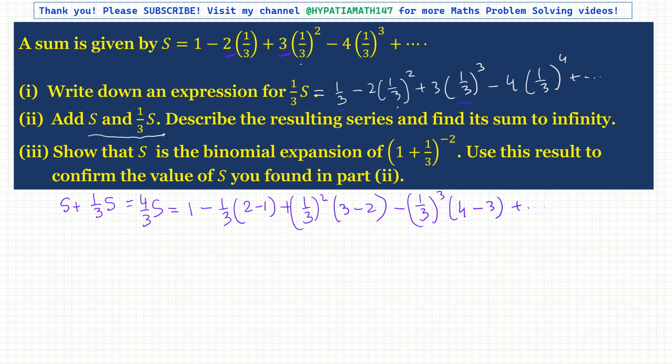So you see this becomes 1 - 1/3 + (1/3)^2 - (1/3)^3 and so on.